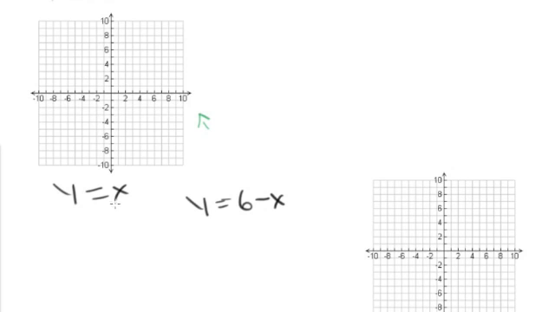This one's already in slope-intercept form: y equals x plus 0. So 0 is the y-intercept, so it goes through the origin. And the coefficient of x is 1, so it has a slope of 1.